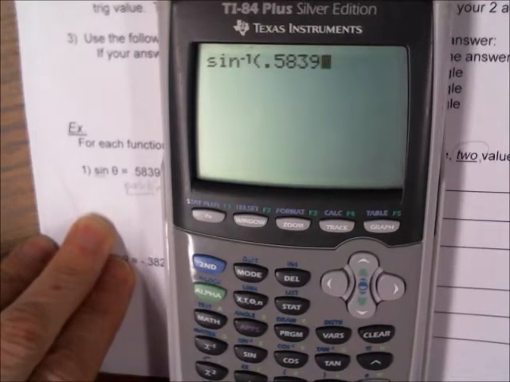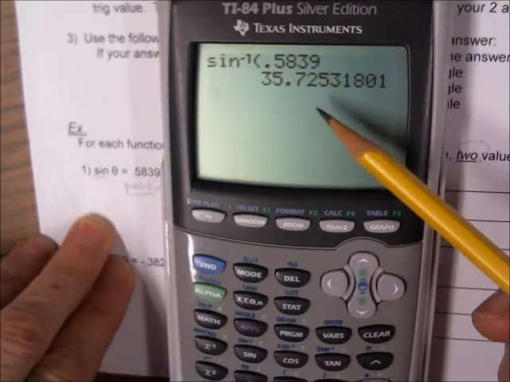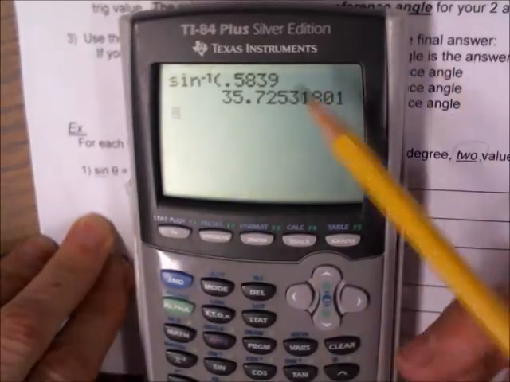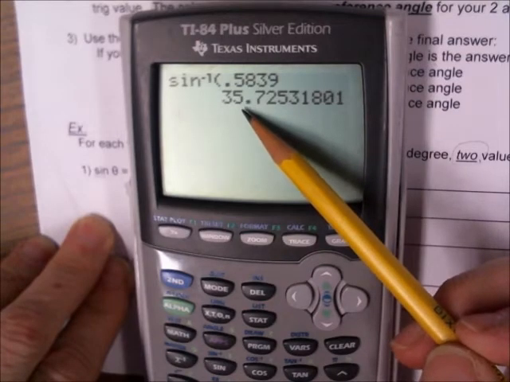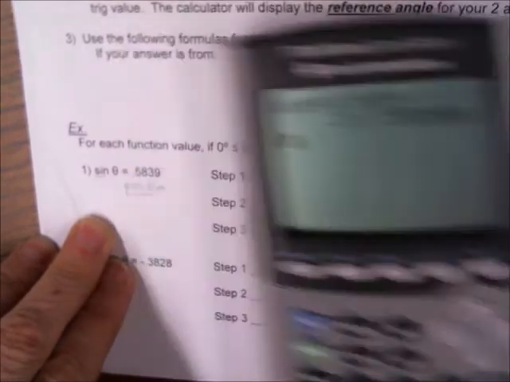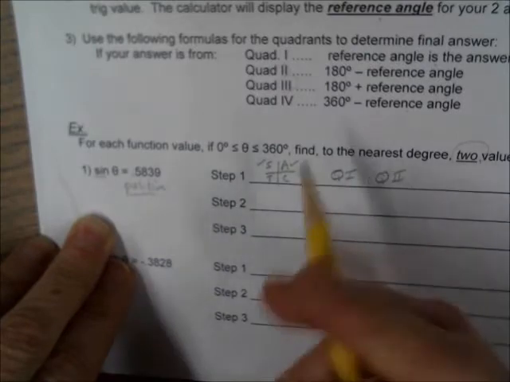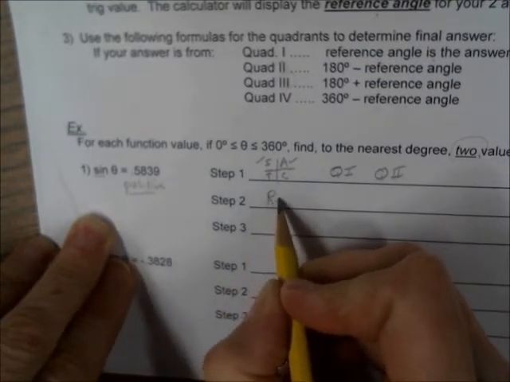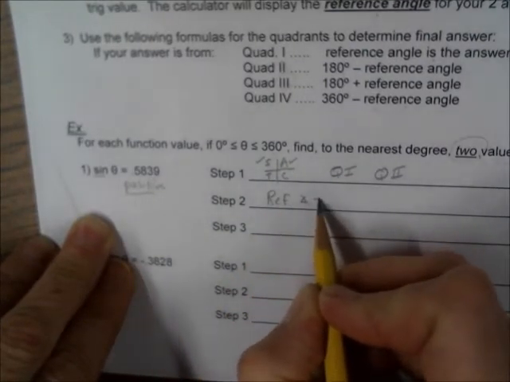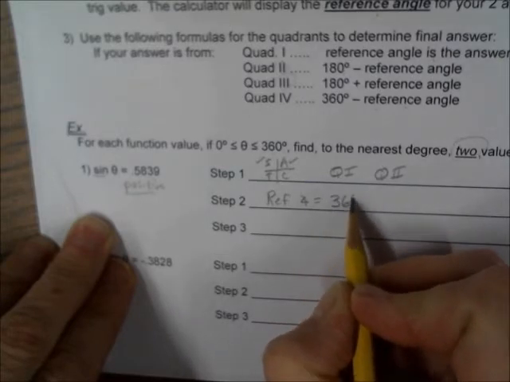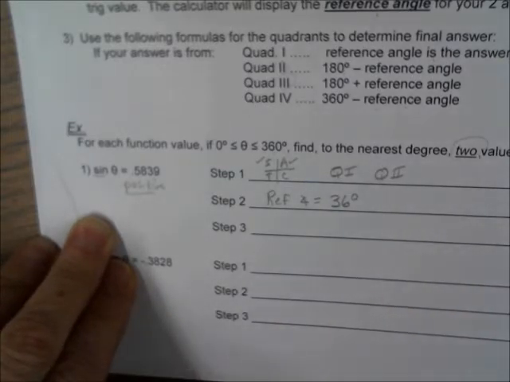That will give our angle, our reference angle. So we're going to round these to the nearest degree. Yep, to the nearest degree. So this will round to 36 degrees. And that's our reference angle. So we'll write down reference angle is equal to 36 degrees, and that's from our calculator.